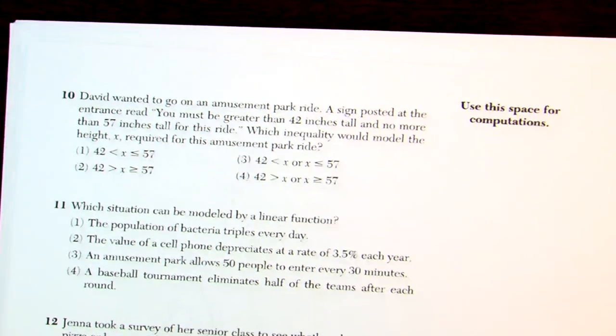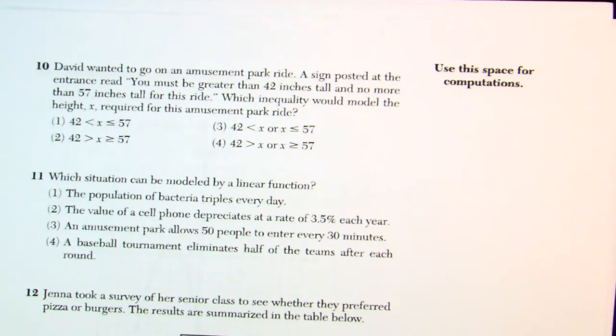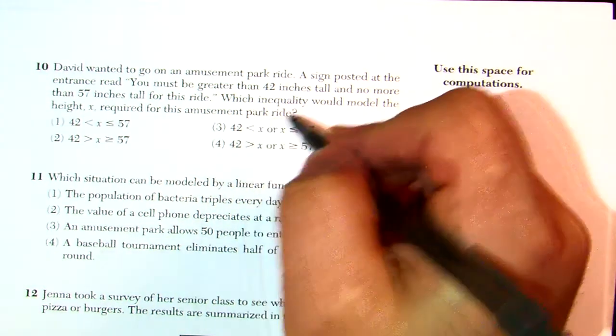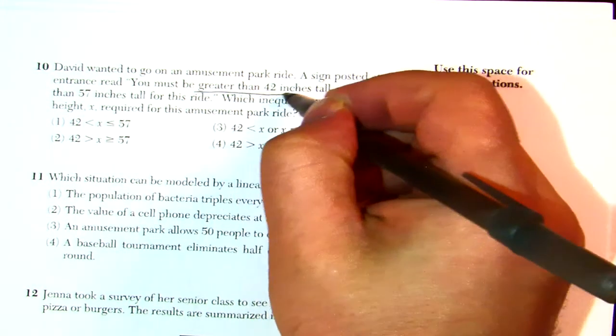Okay, number 10. David wanted to go to an amusement park ride. A sign posted at the entrance read, "You must be greater than 42 inches tall and no more than 57 inches tall for this ride." Which inequality would model the height x required for the amusement park ride? So it says you must be greater than 42 inches.